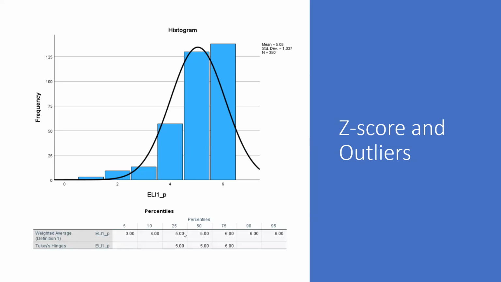Now, along with this, if you remember earlier, we did a test to look at the percentiles. And so with that, we can see the 25th percentile is a 5. In this case, the 50th is at a 5 too, because that's our mean. And then the 75th percentile is at a 6, which in this case is the actual top of the data set. So hopefully that's helpful. We can see the bell curve is there.